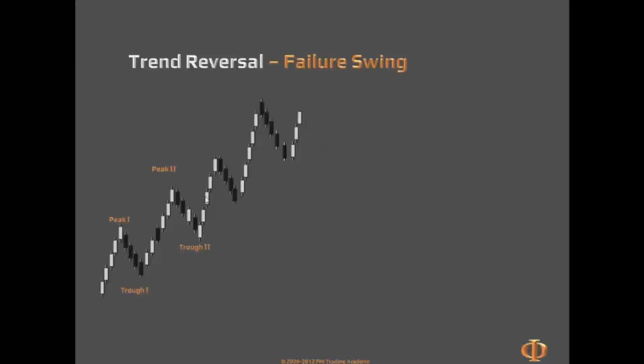Because, as we said, the definition of an uptrend is higher peaks and higher troughs. So what happens here is the first time in all this uptrend that we have the failure to go higher. So we have a top here that is lower than the previous top, and this is what we call the failure.